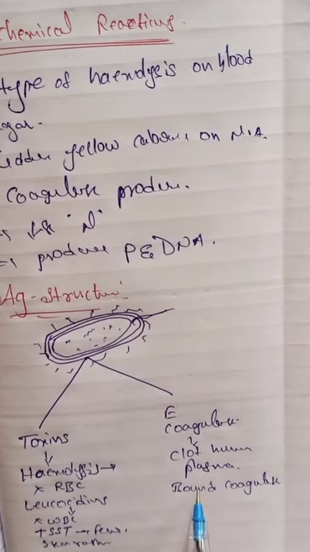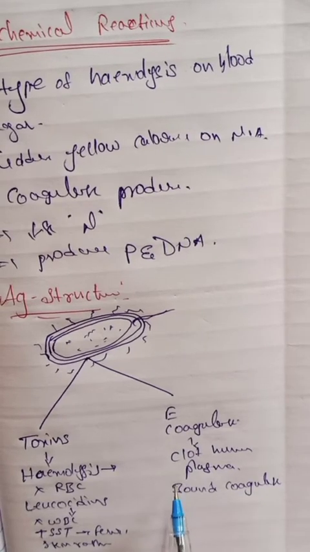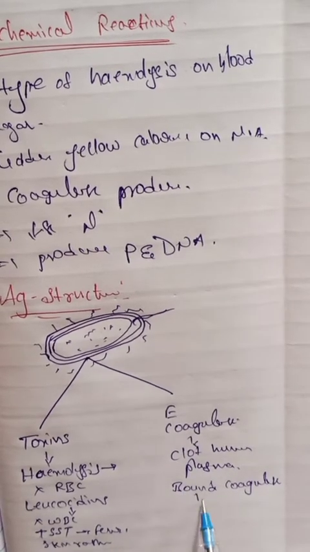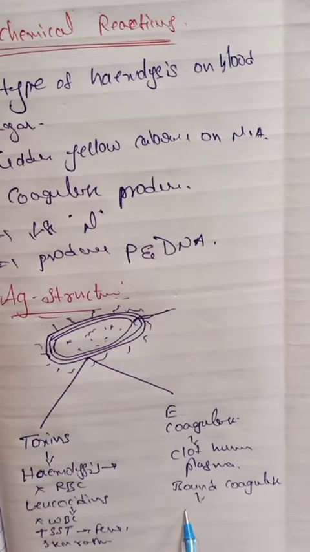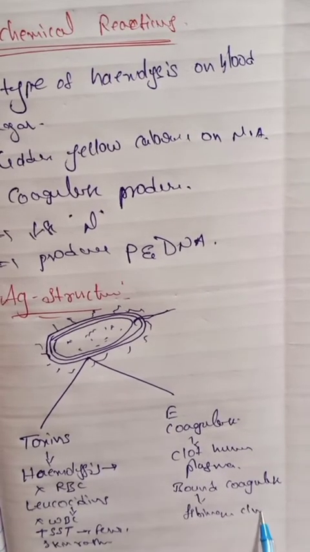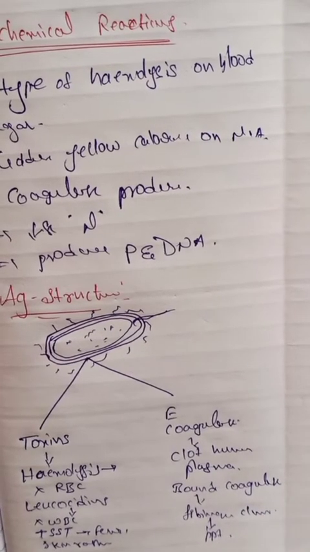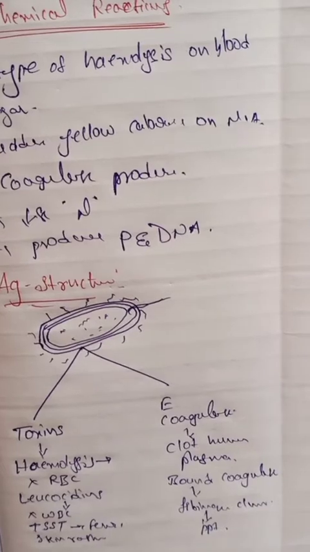The bound coagulase is present in the cell wall, and it directly acts on fibrinogen, causing fibrinogen clumping and forming a precipitate. In the human body, this is one enzyme.